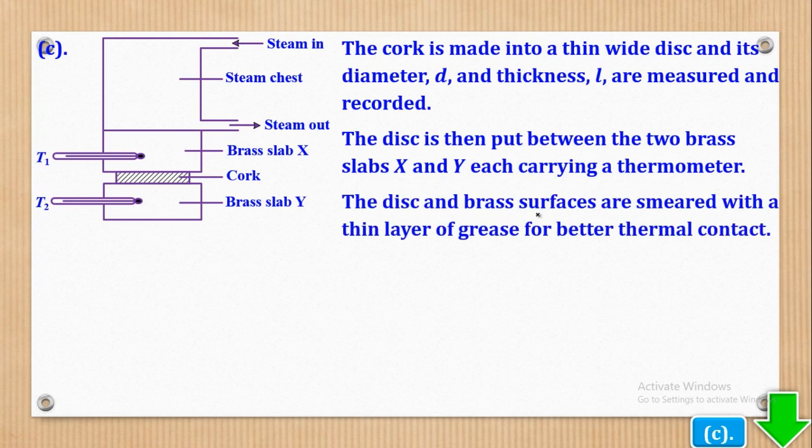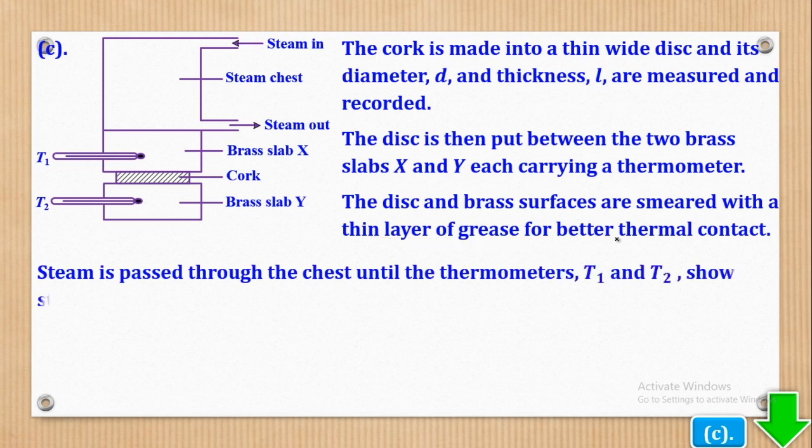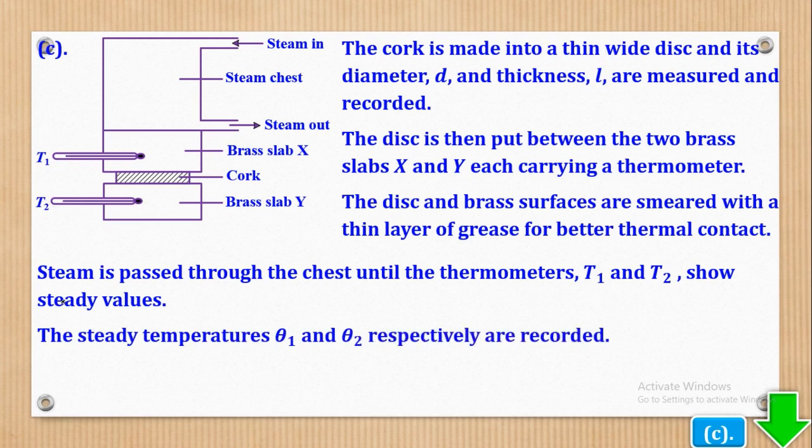The disc and brass surfaces are smeared with a thin layer of grease for better thermal contact. Steam is then passed through the steam chest until the thermometers T1 and T2 show steady values. So these thermometer readings will keep on increasing until they give a constant reading. So at that point, the steady temperatures theta1 and theta2 respectively are recorded.